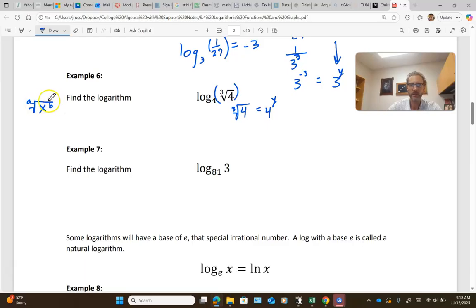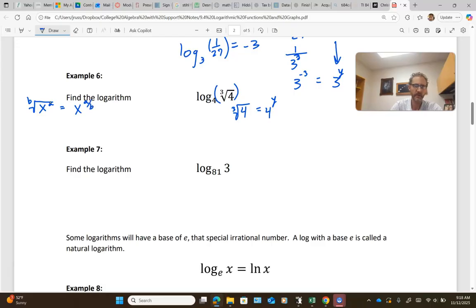Well, you can convert this into an exponential expression. Actually, I want to swap these two. I want to make the index b, and I want to make the exponent of x a. And so the corresponding exponential relation is x to the power of a over b.